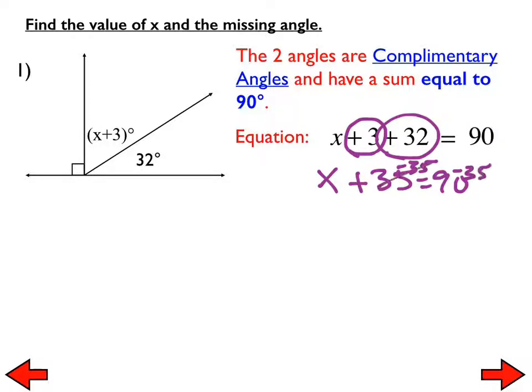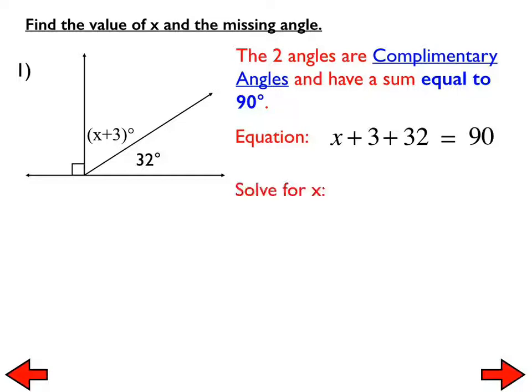We've done thousands of problems like this year. And so x is 55. Remember, x is not 55 degrees. We're not trying to find the degree right now. We're just trying to figure out what x would be to make a complementary angle situation there. All right. So x equals 55.